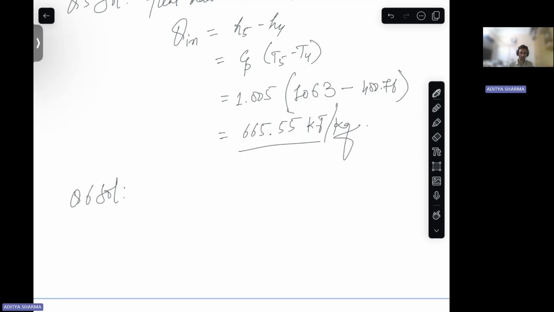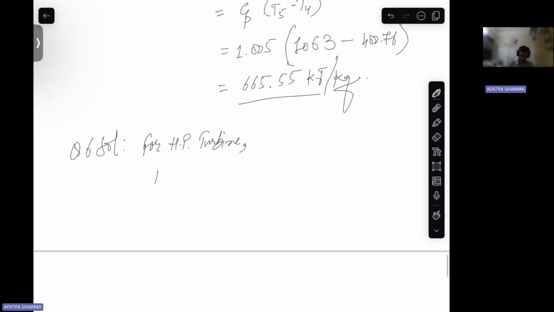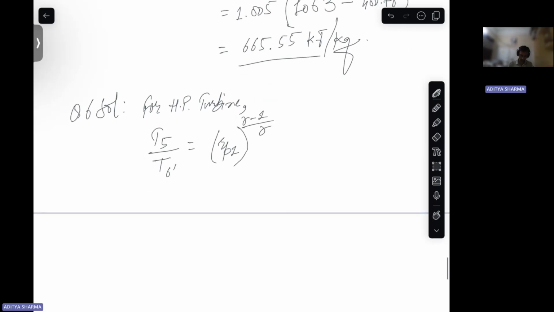So question number 6. First, for your high pressure turbine, using the isentropic relations, we'll find out T6 dash.